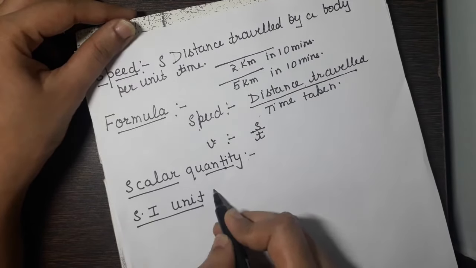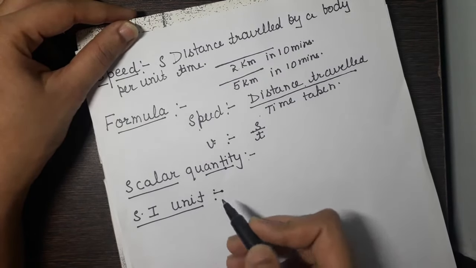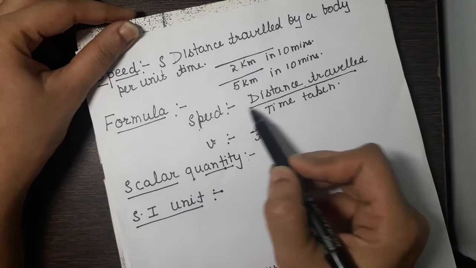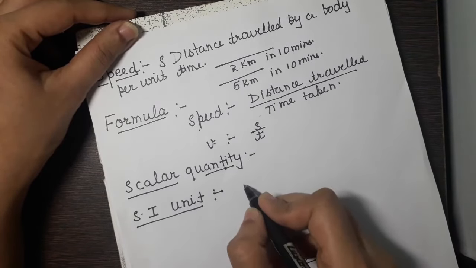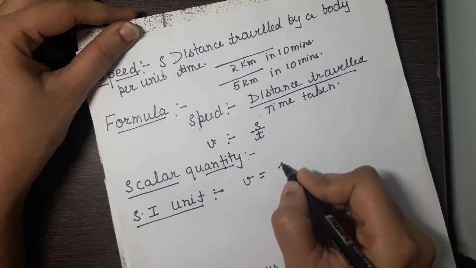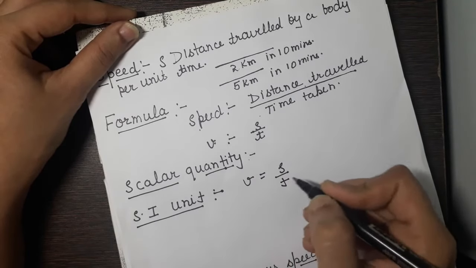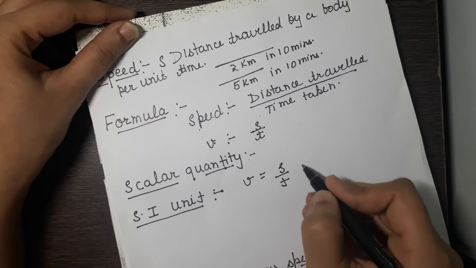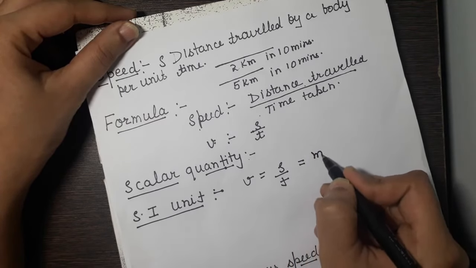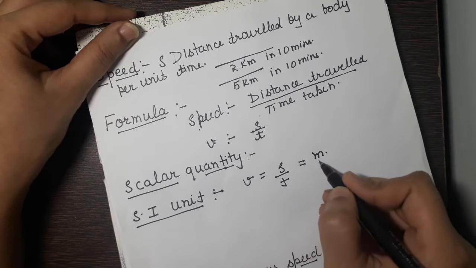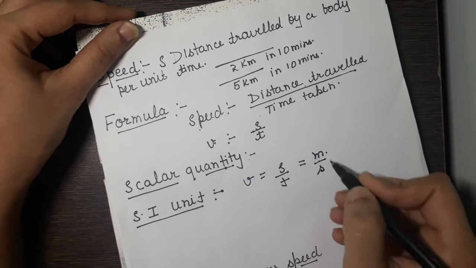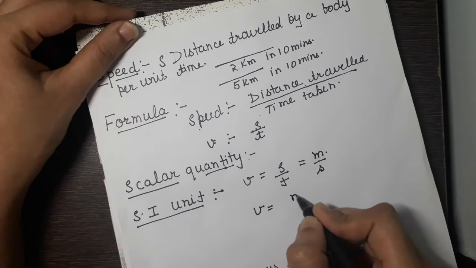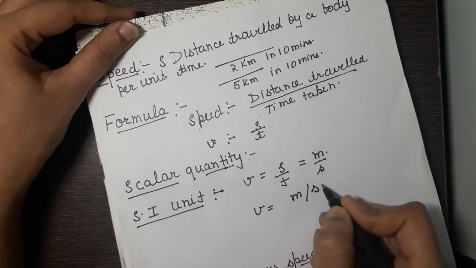Now the SI unit of speed. We will derive the SI unit from the formula. We know the formula V is equal to S upon T. Now the SI unit of distance, that is S, is meter, and the SI unit of time is second. So we can say that the SI unit of speed is meter per second.